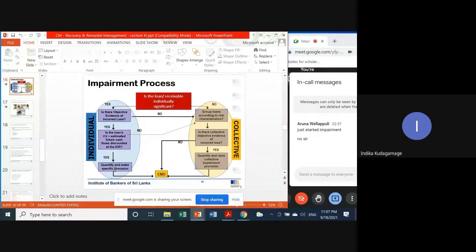Currently, I have a 14% facility, you reschedule to 10%, you use the 14%, not the 10%. Right? You project the cash flows, you discount, find out the present value minus outstanding. If it is negative, you do a provision. If it is positive, take it to the bucket.